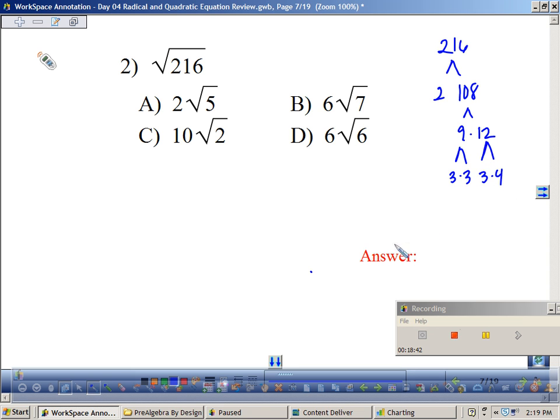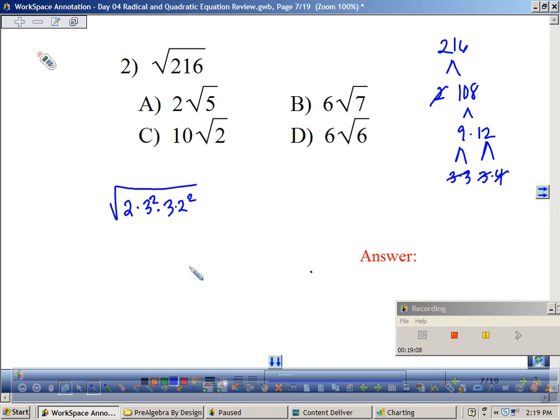All right, why are you guys trying to make it more difficult than it is? Okay, guys, so 2 times 3 squared times 3. When I do this, I usually cross them off. Like, I've got my 2, I've got 3 squared, I've got my 3, and that's going to be 2 squared.